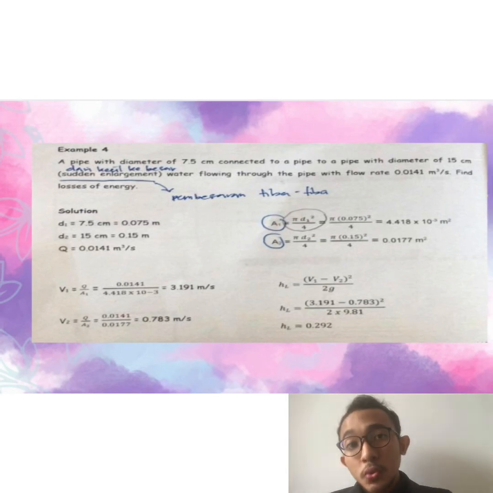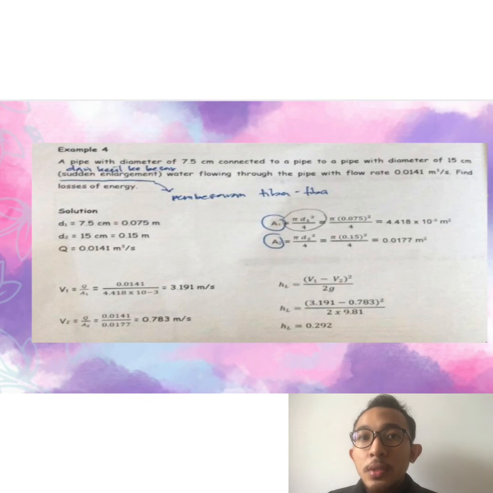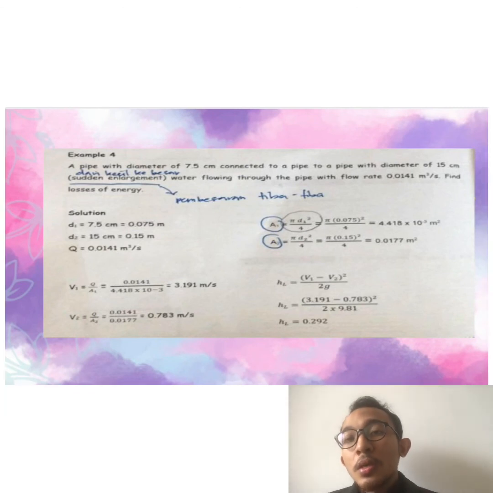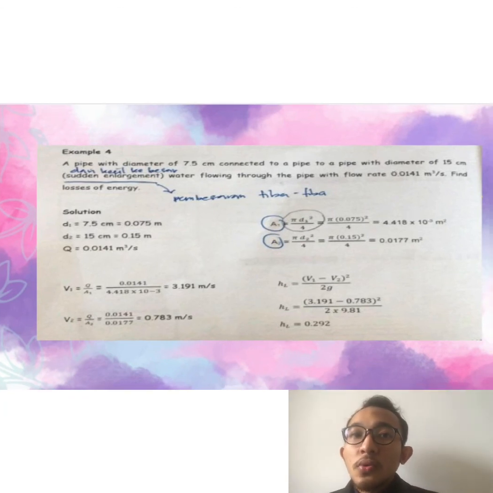For V2, the same as in number 1, 0.0141 per 0.177 equals 0.783 meter per second. We can get the answer.